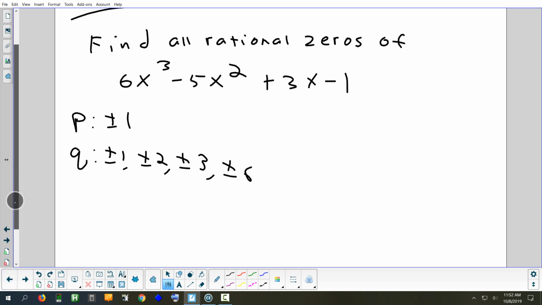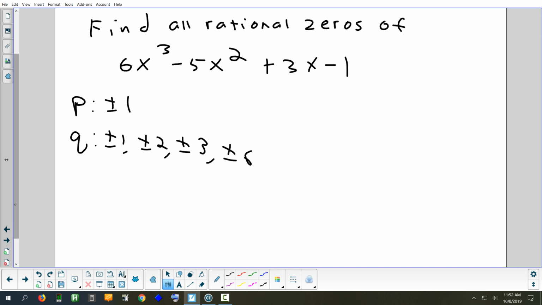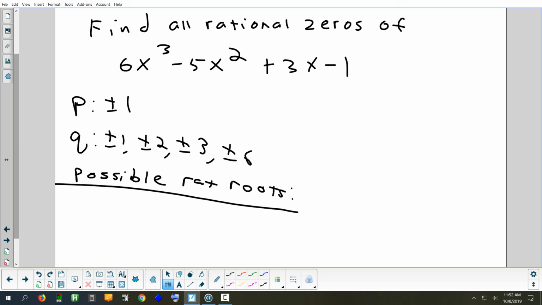So if this crosses at a fraction, it's going to have to be one of these. And it's basically 1, 1/2, 1/3, or 1/6. That's it. So, possible rational roots: 1, 1/2, 1/3, 1/6.